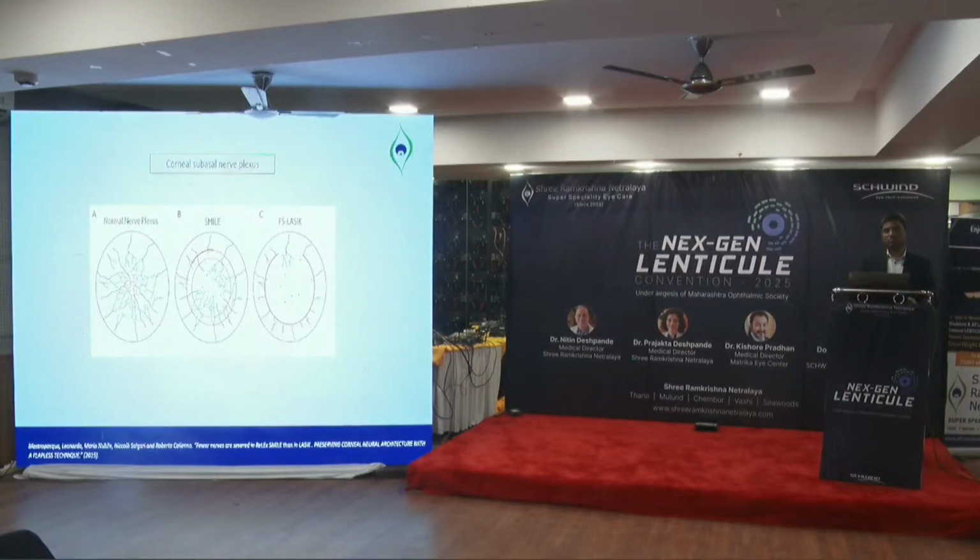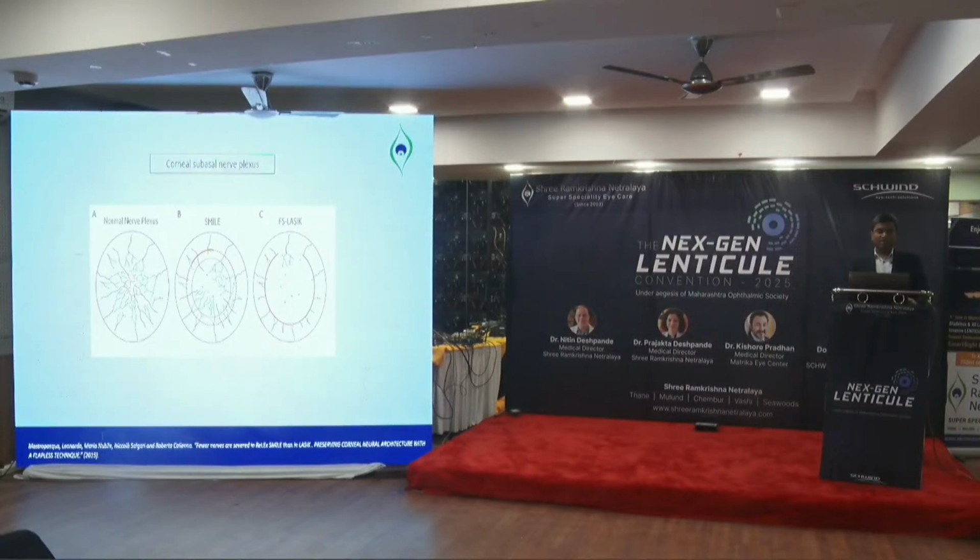So, the second point of discussion is the corneal subbasal nerve plexus. In a normal cornea, as we know, in the anterior part of the cornea the corneal nerves come from the periphery towards the center, and penetrate Bowman's membrane, and then form a dense subbasal plexus, which gives rise to horizontal and vertical branches.